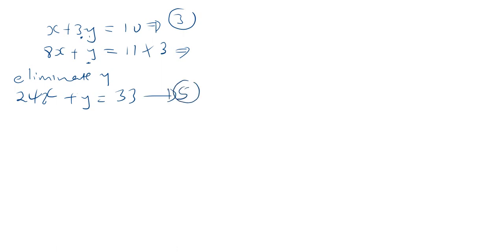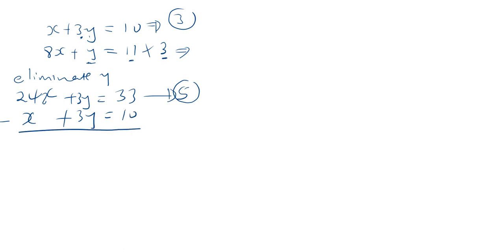And we subtract this x plus this 3y, because we have to multiply y by 3 and also 11 by 3. Then we subtract x plus 3y. Yes, that is correct, is equal to 10.